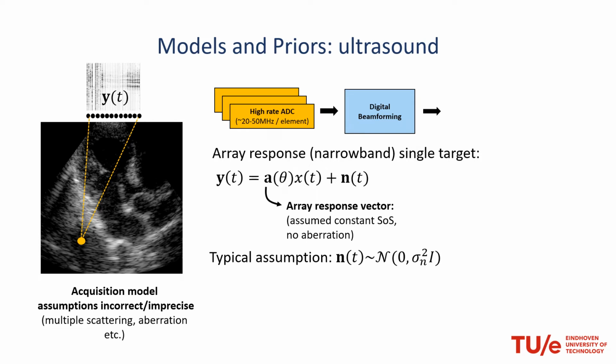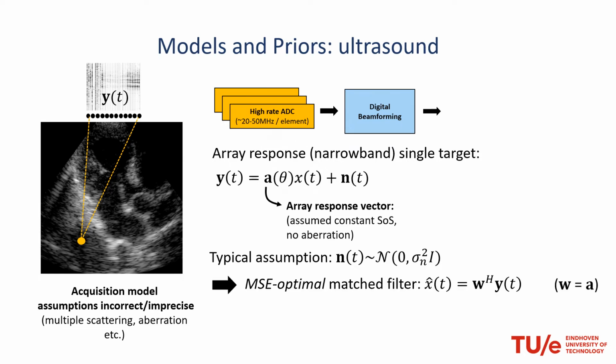Then we have the array response vector, which is a function of θ, the angle, and we have noise, which is typically assumed to follow a Gaussian distribution, being spatially white. All elements have independent noise and it all follows this Gaussian distribution.